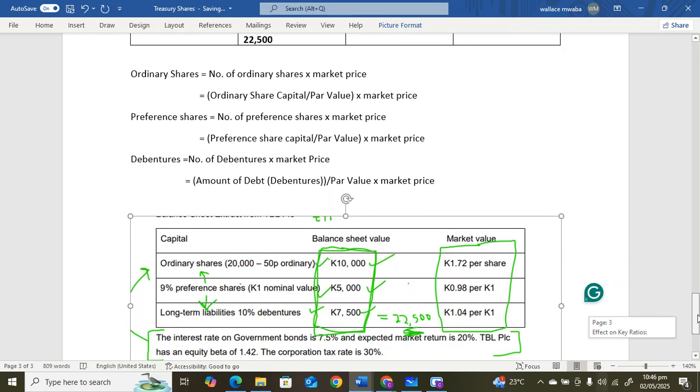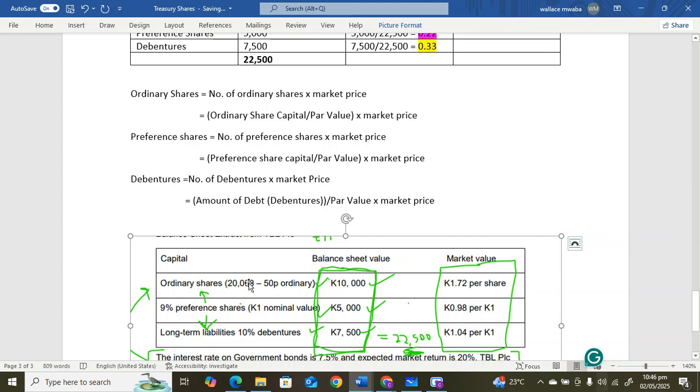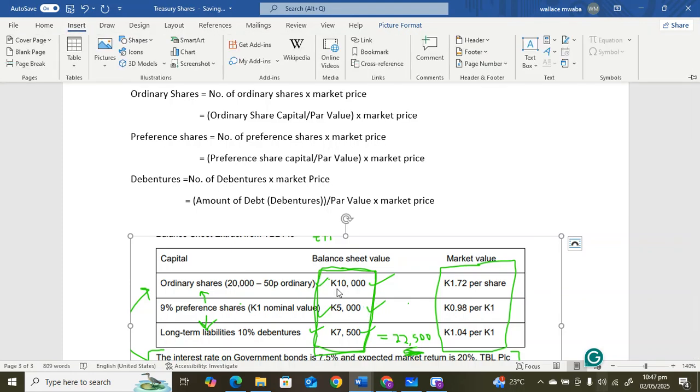Okay, so you can see ordinary shares. We've already been given the number of ordinary shares, but if we're not given it, you would say your ordinary share capital is 10,000 divided by the par value. So it is 10,000 divided by 0.5 kwacha, because if you convert 50 ngwe into kwacha, 50 divided by 100, you get 0.5 kwacha. So if you do 10,000 divided by 0.5 in your calculators, what do you get?